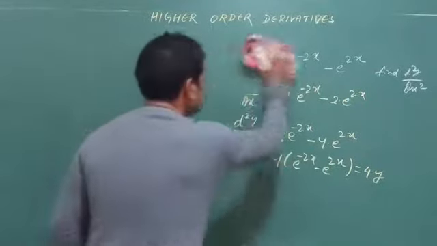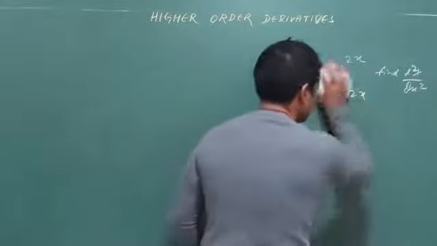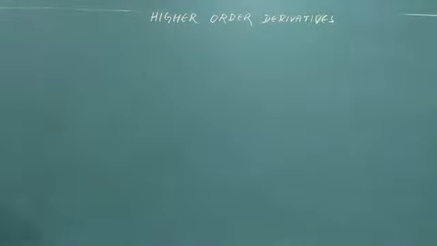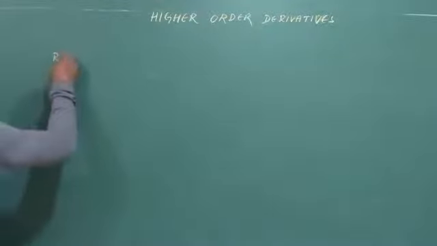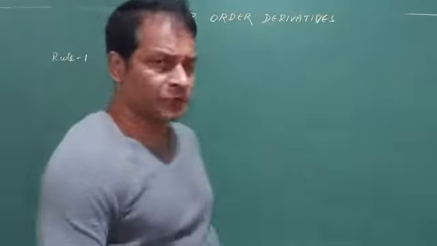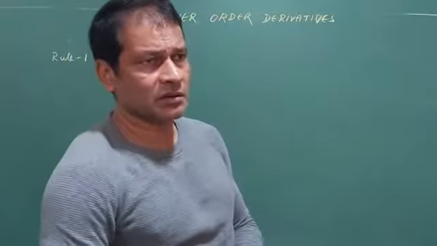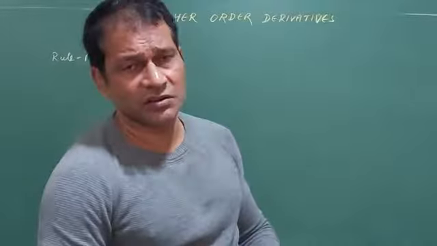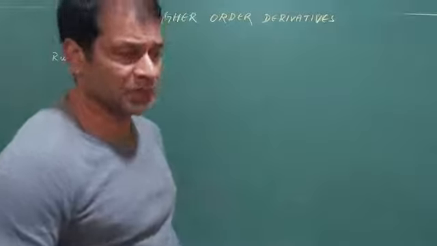What few things do you need to remember in higher order derivatives? Rule number 1. Before the first order derivative or after the first order derivative, don't keep any constant or any variable term in the denominator.